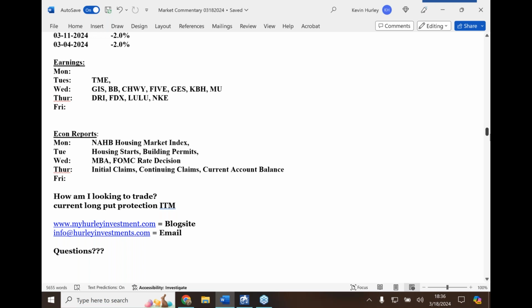Housing starts and building permits, that's really what we're looking at for tomorrow. FOMC rate decision on Wednesday. Plain and simply, I would not think that the market's going to move a whole lot tomorrow. Pretty muted, probably same thing on Wednesday.